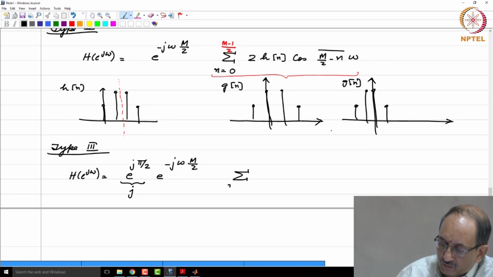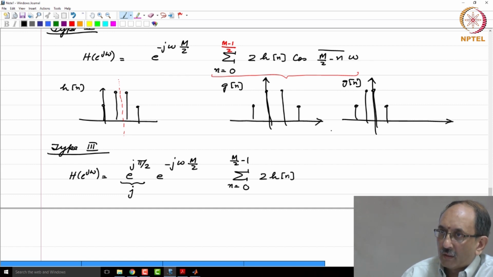Therefore, that term does not come into the equation. So, you are left with n going from 0 to again m by 2 minus 1, 2 times h of n, and now because of odd symmetry rather than cosine you can expect sine.